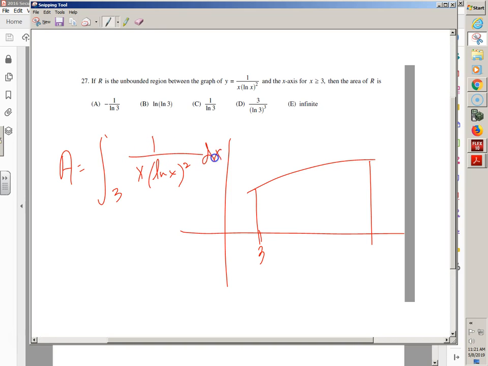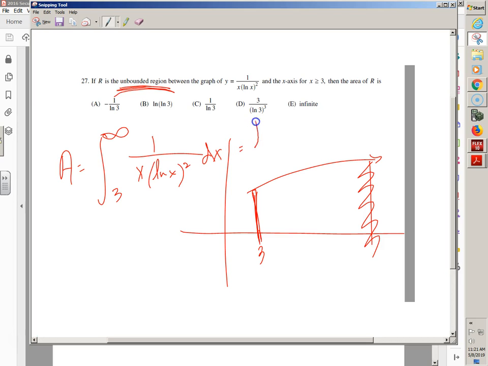But hold on, what's my upper bound? Oh, infinity. It keeps going. You're in BC now. Unbounded means it keeps on going and going and going. No boundary. So they said start at 3. So I have a left boundary, but I don't have a right.